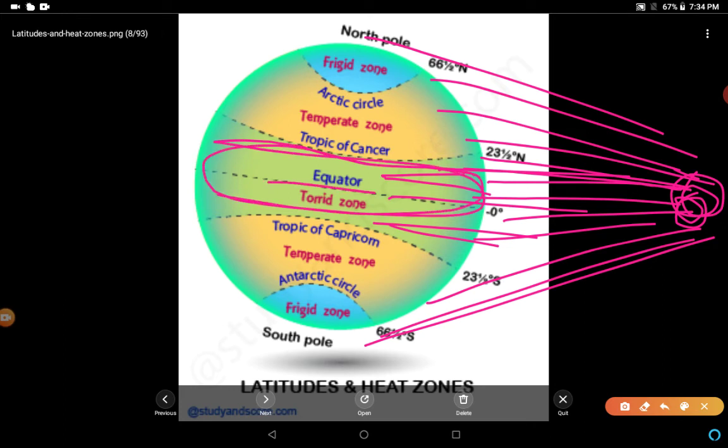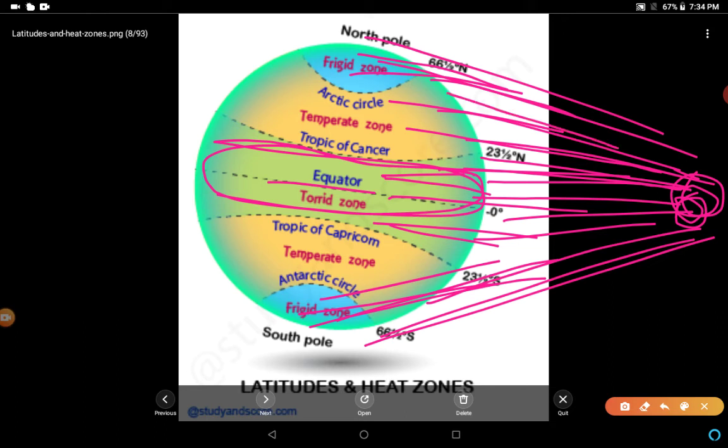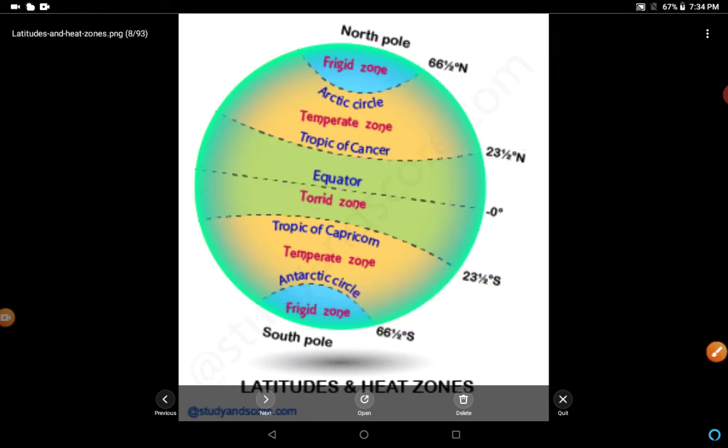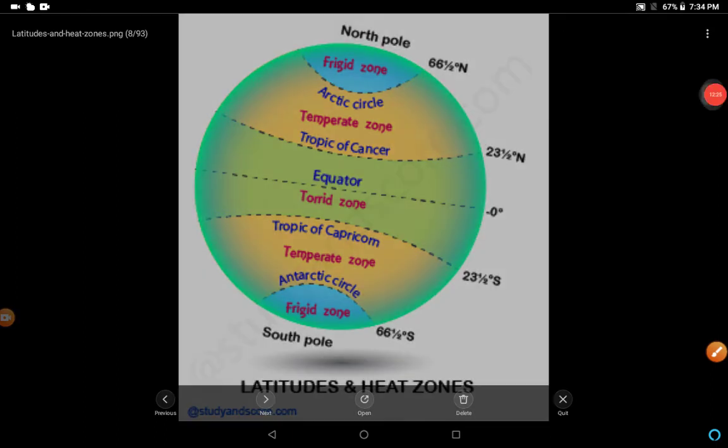And in the same way, if we see these rays on the northern and southern sides, the sunlight falling on a slanted surface is less bright but covers a bigger area. So you can easily understand the heat zones with the help of this diagram.